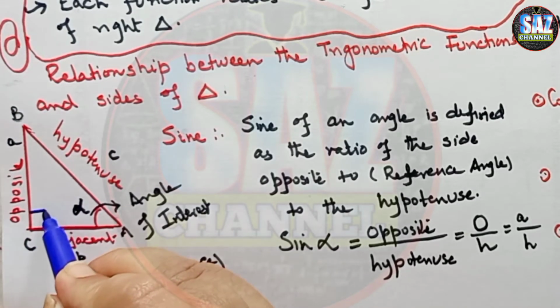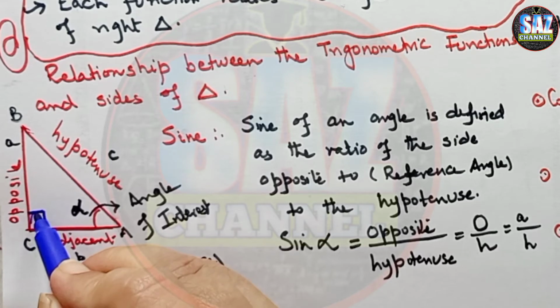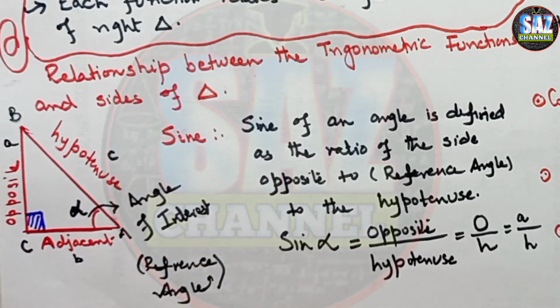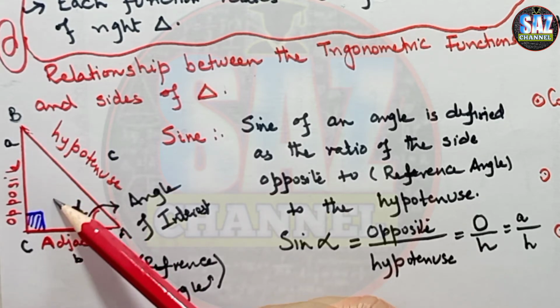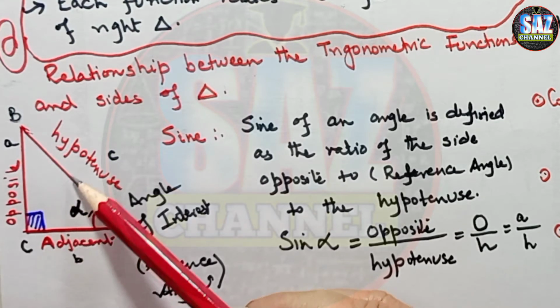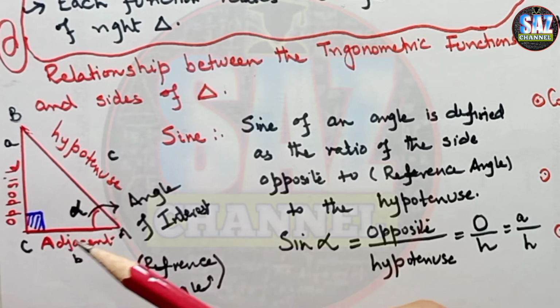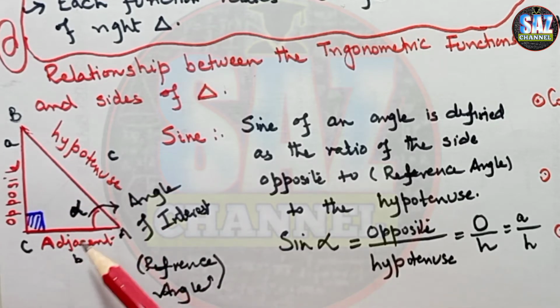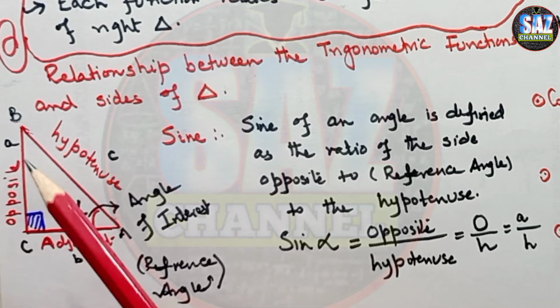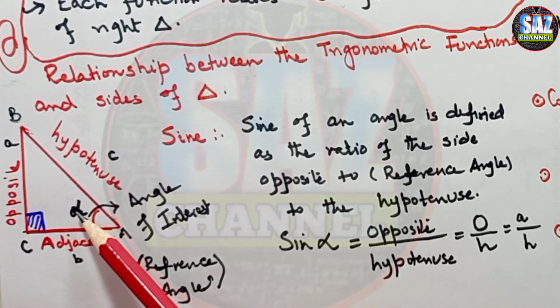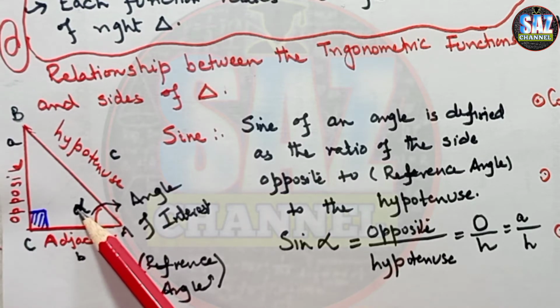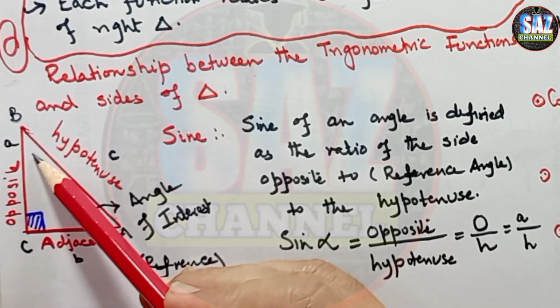At vertex C we have the right angle, and recall from my previous lesson that the side opposite to the right angle is the longest side, called the hypotenuse. Now we take the other two angles, which are acute angles. Let this be alpha; you can give any name to this angle. I have used the term alpha, and this can be beta.